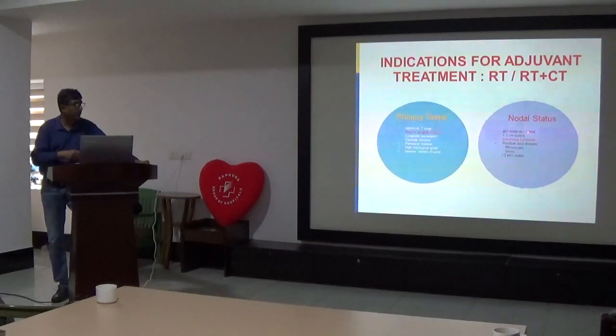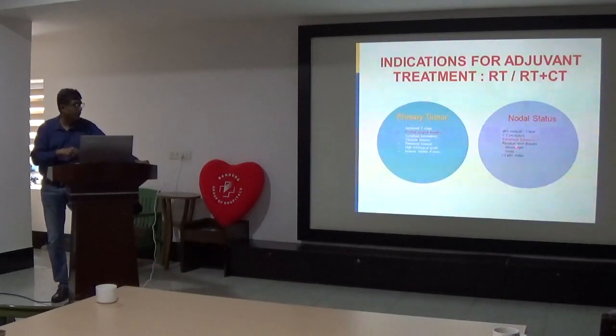So any positive node more than one level, you have to give radiotherapy. If the single node is more than 3 centimeter in size, you have to give radiotherapy. If there is extranodal extension, the only indication in the node, you have to give radiotherapy and chemotherapy both.